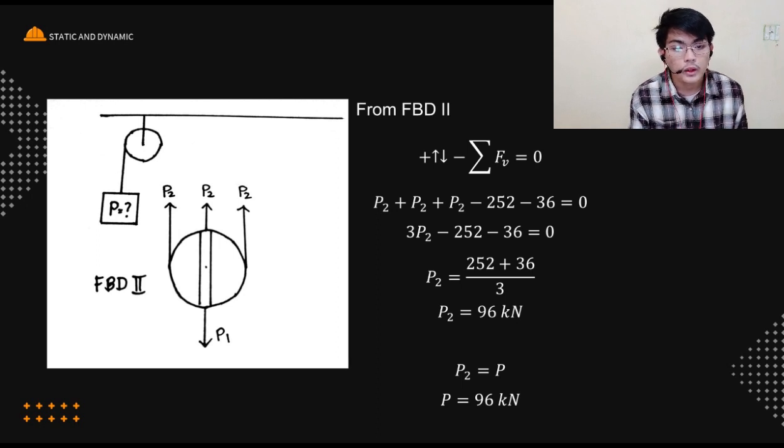Now we have 3P2 equal to 252 plus 36. Then we divide both sides by 3 to have just our P2. So 288 divided by 3 gives us 96 kilonewtons. So P2 equals P, resulting in P equal to 96 kilonewtons.